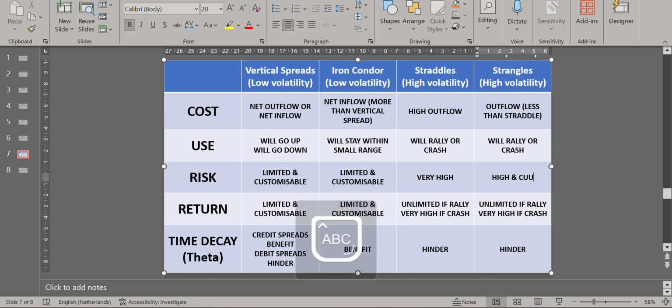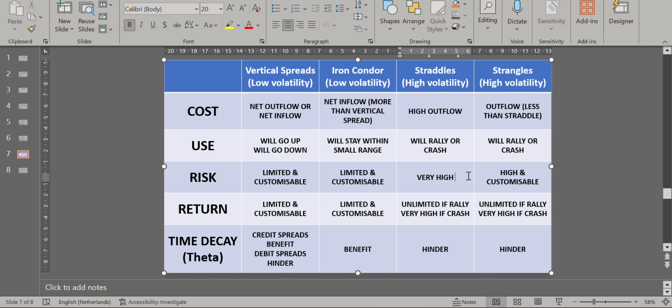But in the case of the straddle, it is not customizable, all right, because you simply have to buy the calls and the puts which are at the money. So that is why you cannot customize this trade. It is what it is, right.